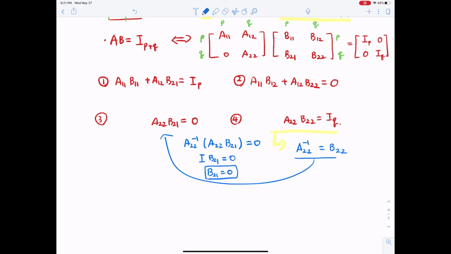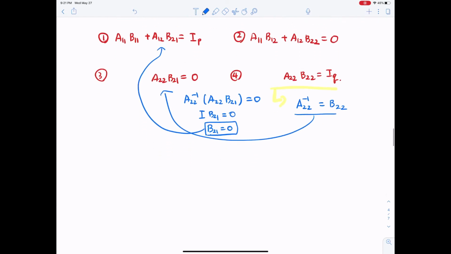Then, putting this into the first equation, that gives you A11 B11 equals I sub P, or in other words, B11 is the inverse matrix of A11.